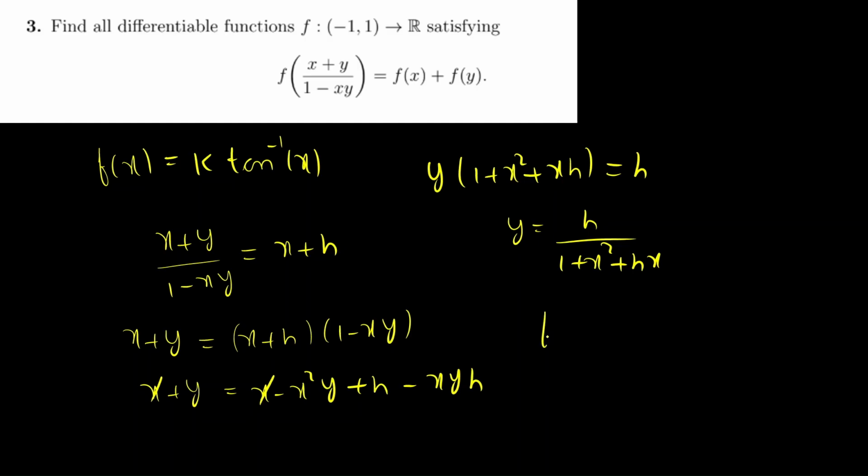We will get it as f of x plus h minus f of x is equal to f of y. I will not write this expression and simply write it as y. Okay, now we can confidently apply our first principle of derivative. f dash of x is equal to, now let's substitute our previous expression.